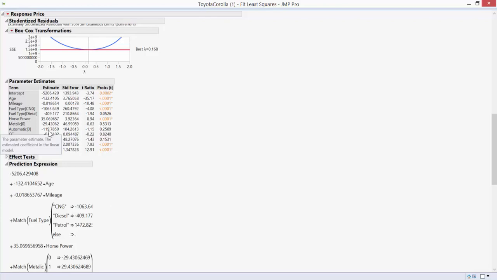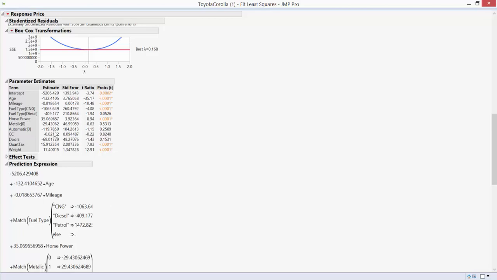What happens if the car is automatic equals to 1? Then I have to multiply that by minus 1, because that model's automatic 0, and I'm talking about automatic 1. So you have to multiply it by minus 1. Therefore, minus 119 becomes plus 119. So automatic cars are priced 119 above the average.